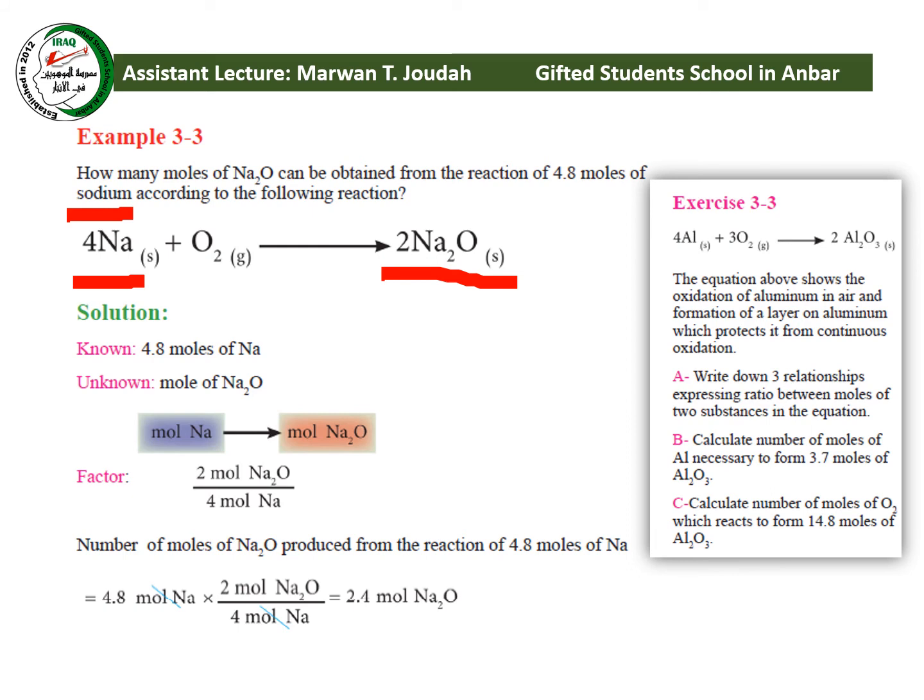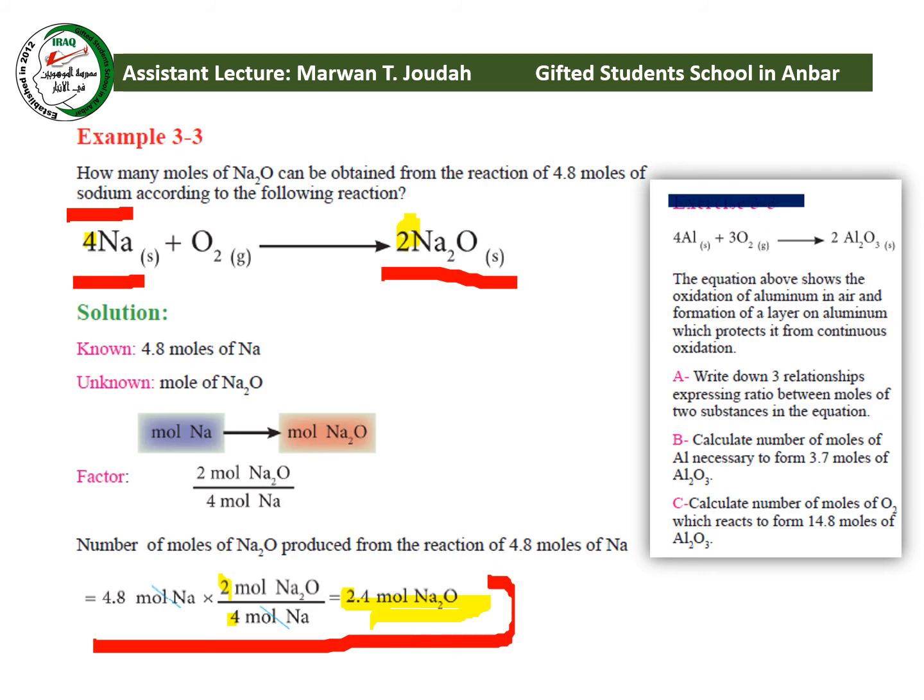It's simple, so you go directly to the final step. The number of moles of sodium is 4.8 times the number of moles of the missing, Na2O, which is 2 in the equation, over 4. It gives us 2.4 moles of Na2O. This exercise on the right is required from you to do and send me the answers.